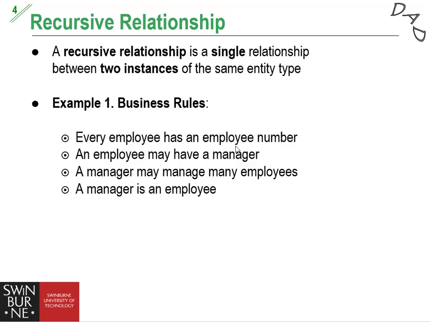So they are basically talking about the employee entity, and each employee has an employee number, and managers managing employees, and managers also have an employee number. That is what we mean by this. So how are you going to show this relationship in an entity relationship diagram?